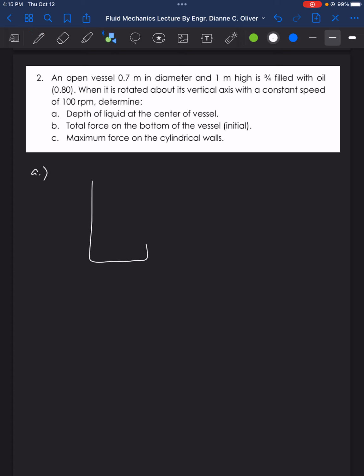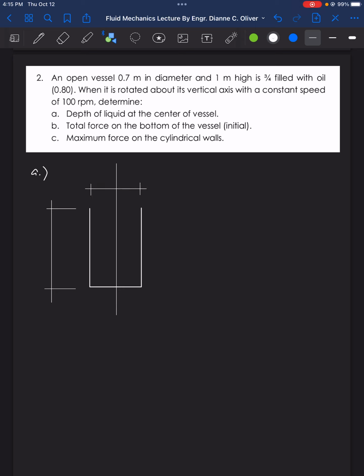So open vessel, 0.7 meter diameter, then 1 meter high, and it is 3/4 filled with oil.